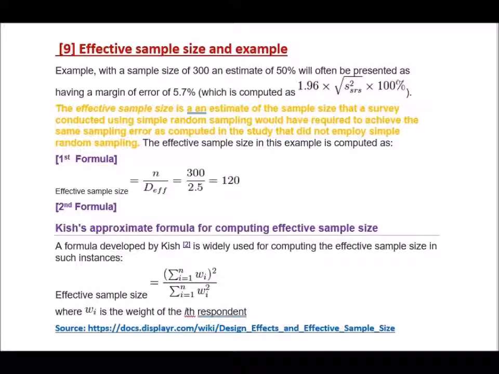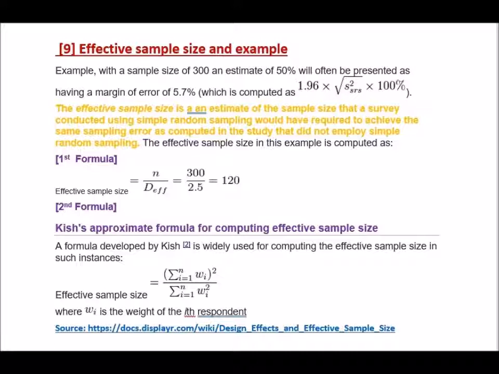The effective sample size is an estimate of the sample size that a survey conducted using simple random sampling would have required to achieve the same sampling error as computed in the study that did not employ simple random sampling.